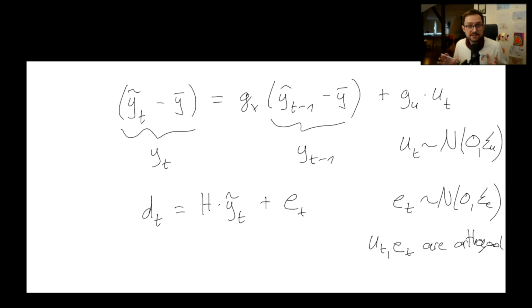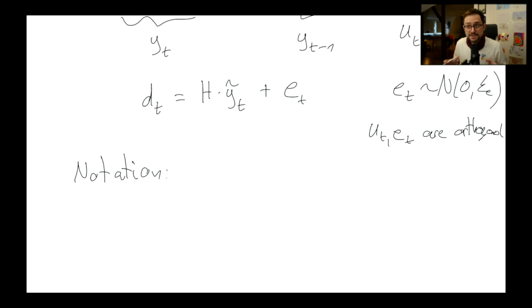But before we do this more closely, I'm going to introduce notation to distinguish variables that are actually observable and variables that we are going to predict given which information set. First, a variable like dt, with a time subscript, is just a particular observation.